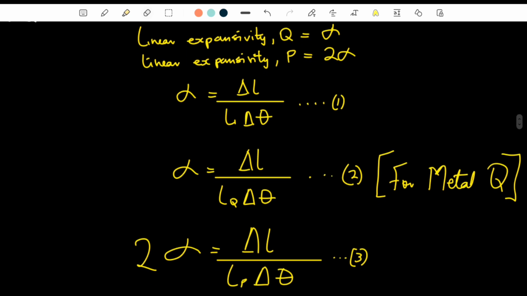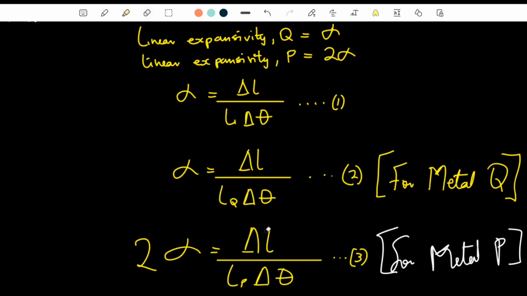Fine-tuning for metal P, I think I should add that here for metal P. All right, we have that right here. Since the question says metal P's linear expansivity is twice, you have that right there.